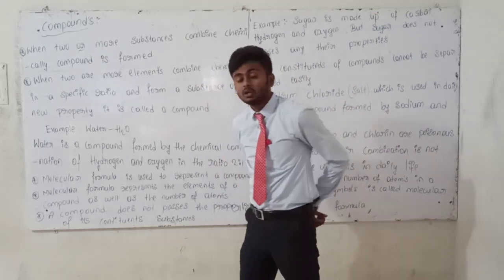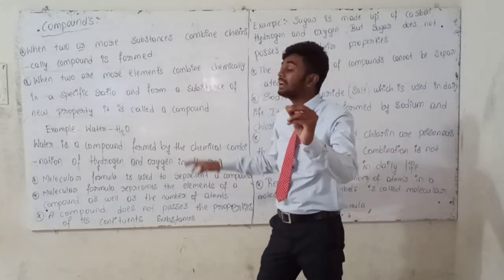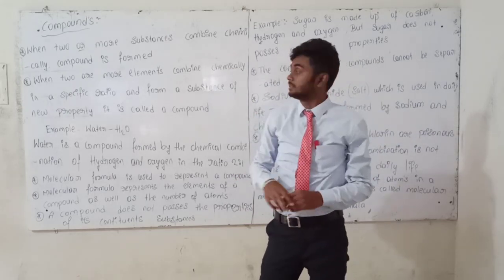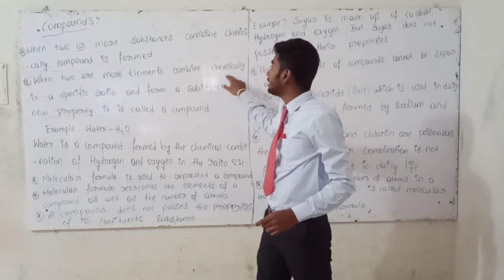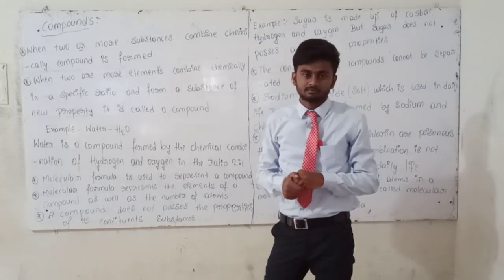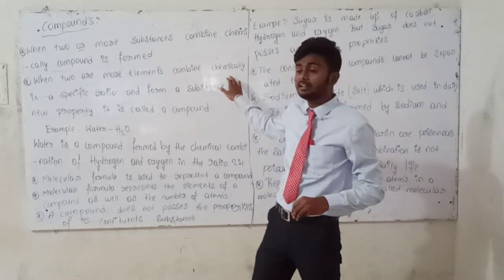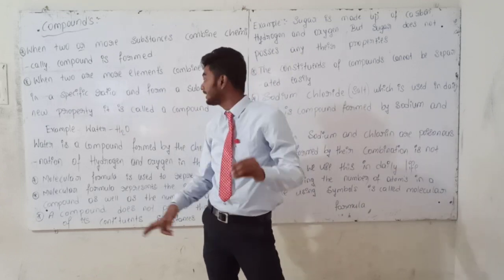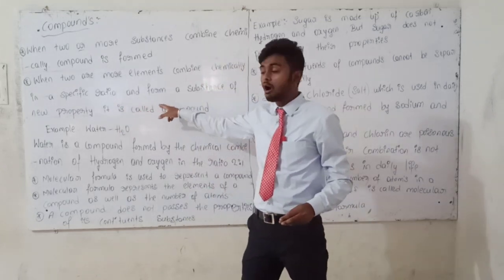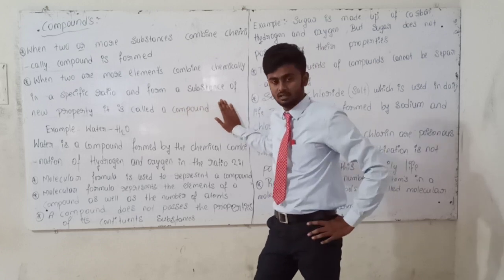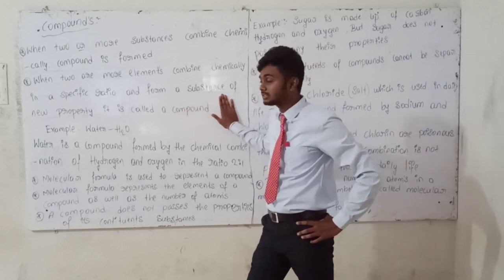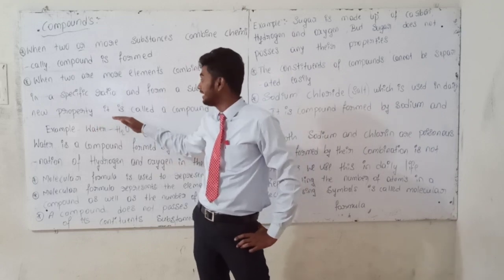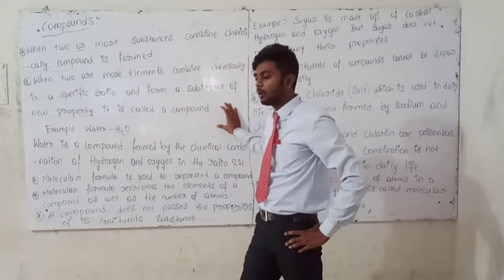Listen to me, students. When two or more elements, remember, two or more elements combine chemically in a specific ratio and form substances of a new property, it is called a compound.